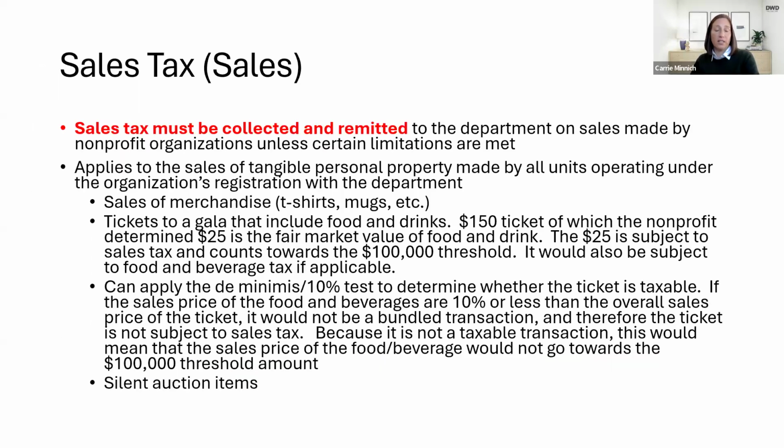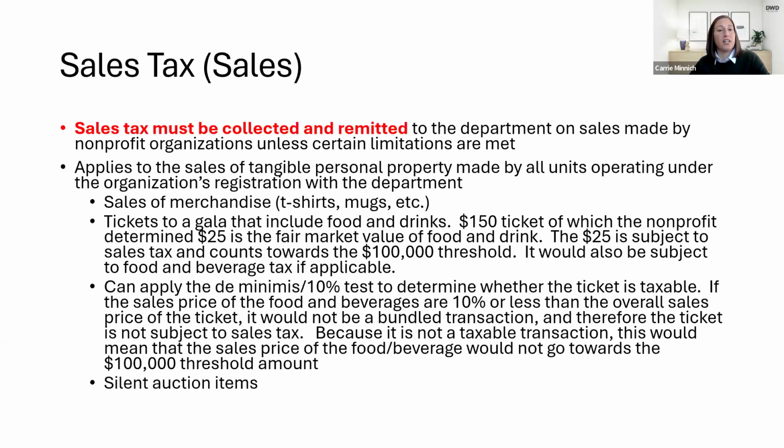Okay, so let's talk about the other side now, sales of items by a nonprofit organization. So the general rule is that sales tax must be collected and remitted by anyone that sells tangible items in Indiana. Okay. Now, when we think about tangible personal property, that would include sales of merchandise.